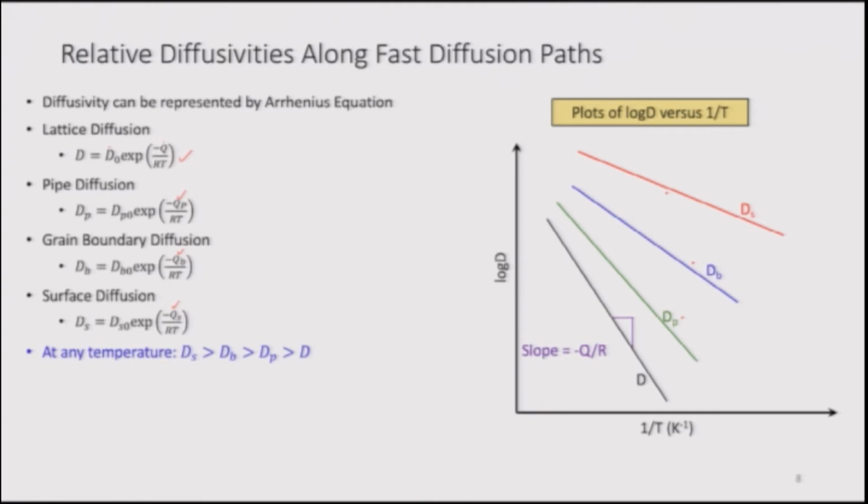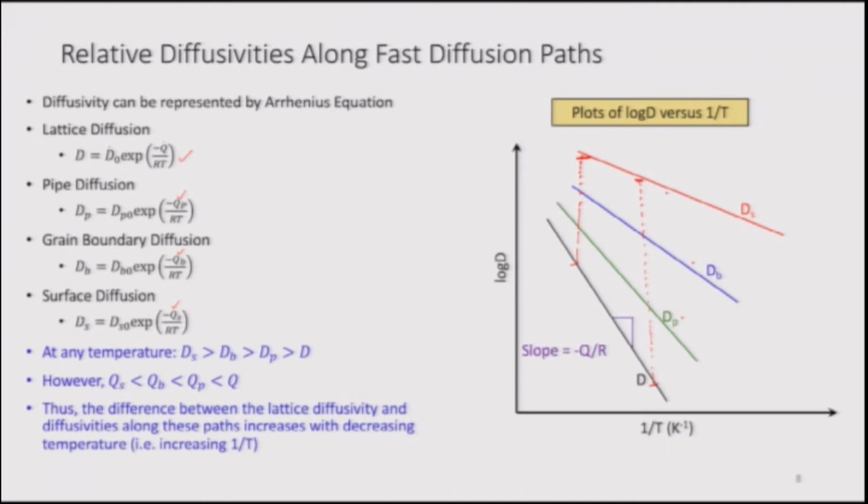If you compare at lower temperature, that is towards the right of this 1 by T scale, we can see the difference between the lower diffusivity and the higher diffusivity is much higher compared to the higher temperature, and that is why we say that the fast diffusivity paths are more dominant at lower temperatures. This we have seen qualitatively.